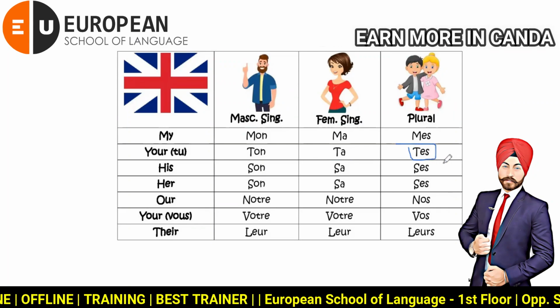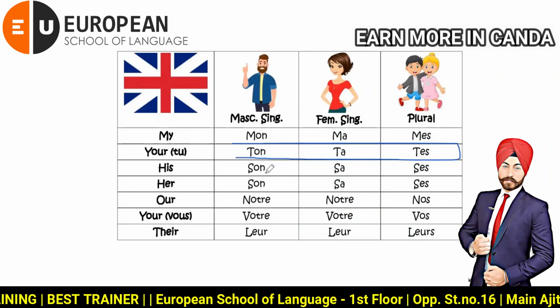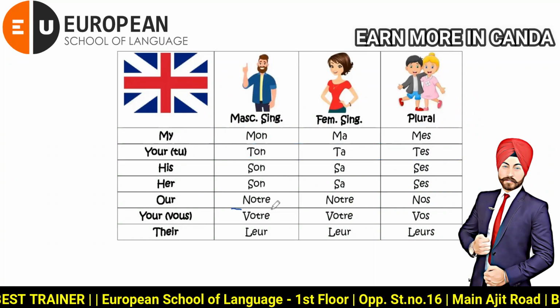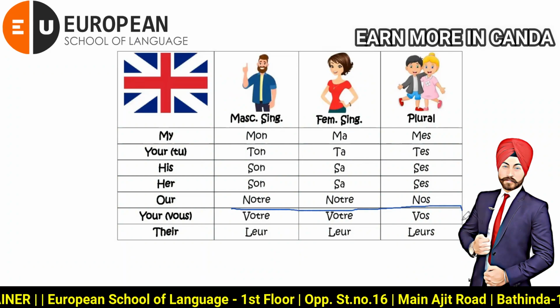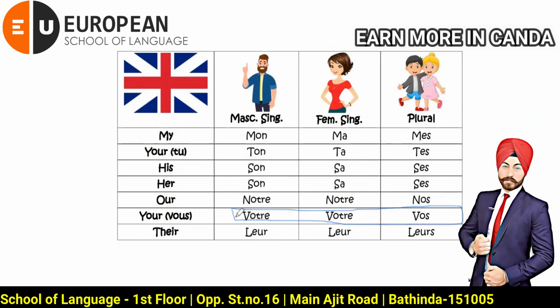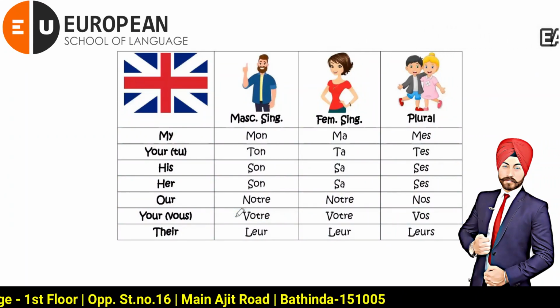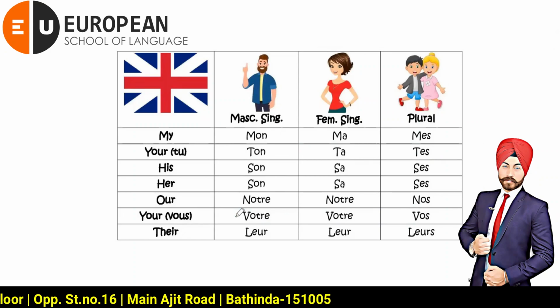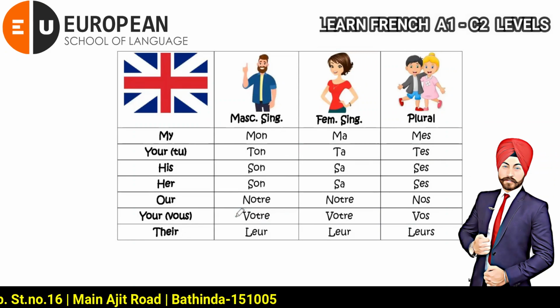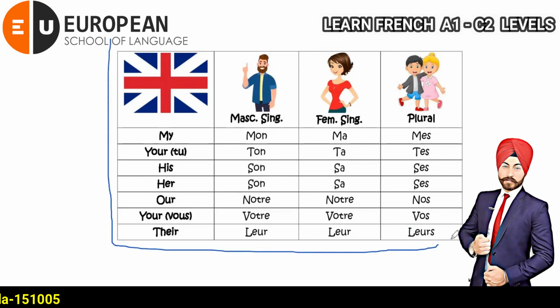If I'm talking to my friend, then I will use all these. And if I am talking to my boss, my teacher, my father, mother, or especially in case of if I'm talking to any stranger, then I will use this. So these are called possessive adjectives. Okay, so all these are possessive adjectives.